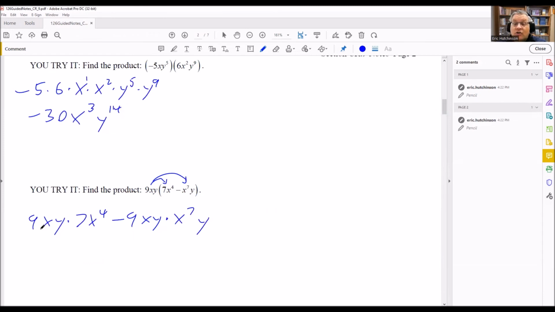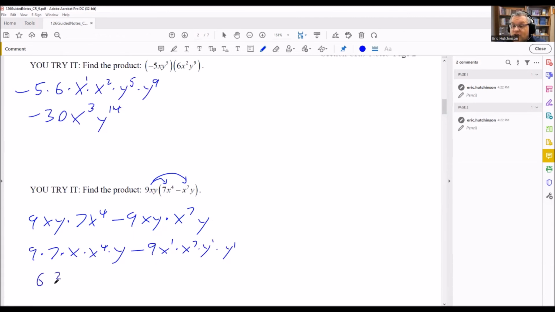We're going to rearrange the order. 9 times 7 times x to the 1st times x to the 4th times the y. This one I'm going to rearrange as well. I have 9, and then x to the 1st power times x to the 7th power times y to the 1st power times y to the 1st power for that one.